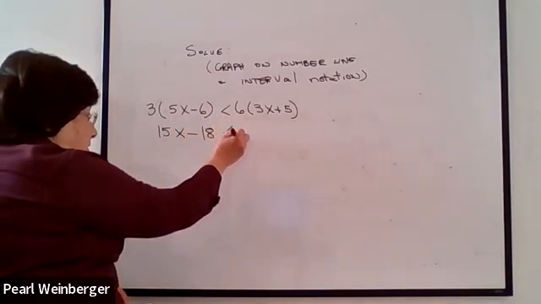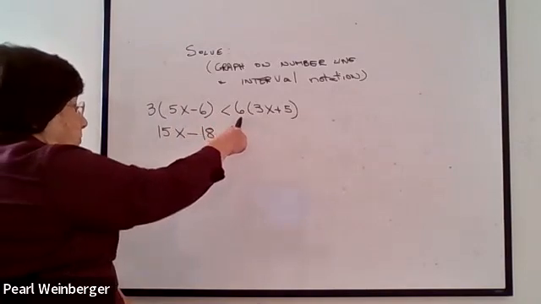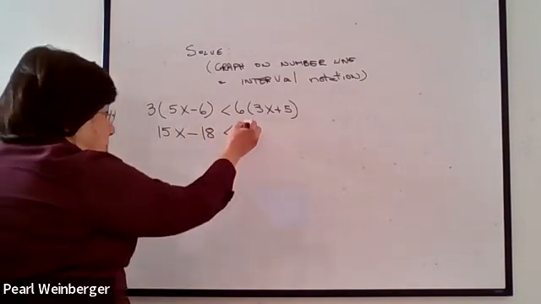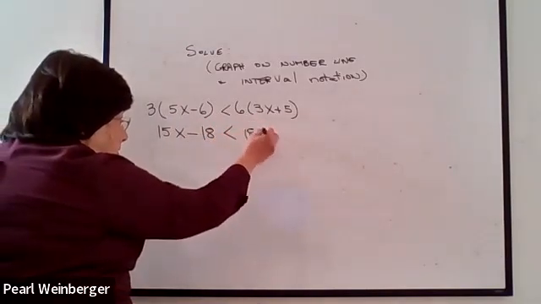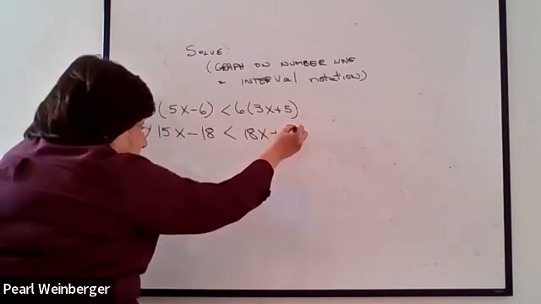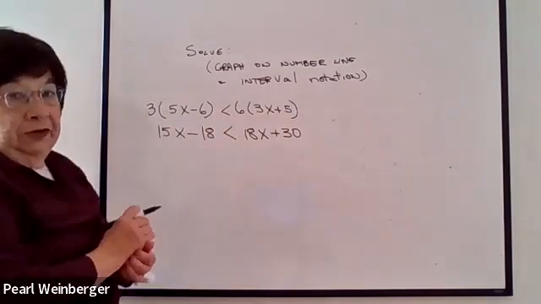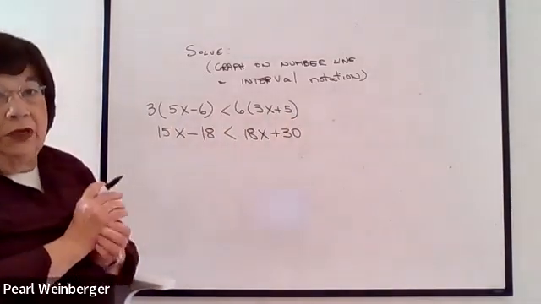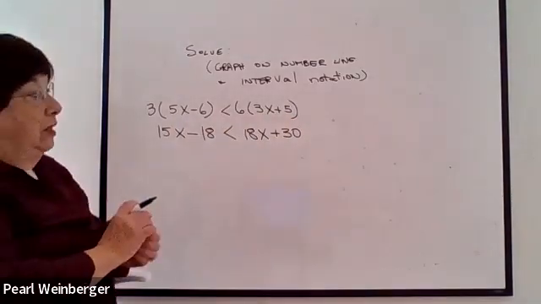I leave it less than, and I do 6 times 3x, which is 18x, and 6 times 5 is 30. Okay, so to remove my parentheses, I've used my distributive property and I've removed the parentheses.